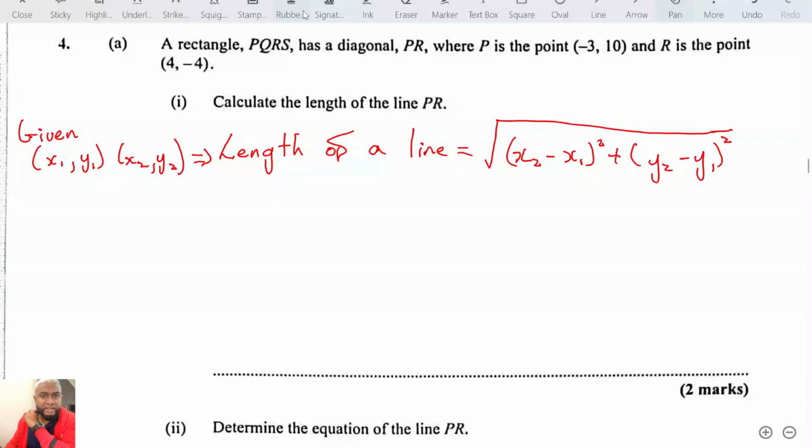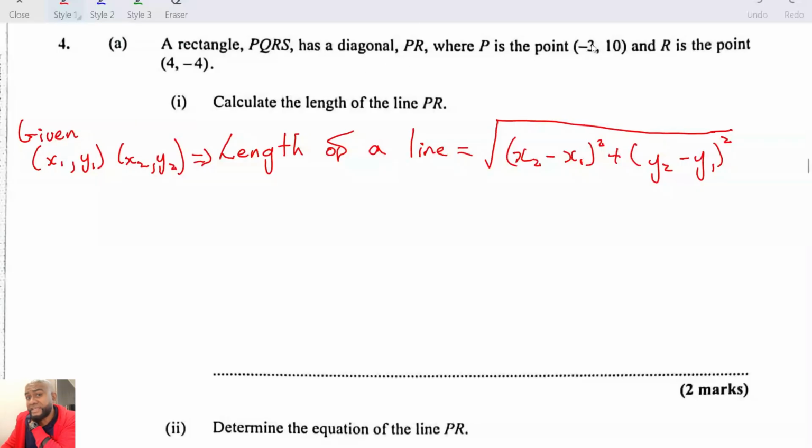Okay, the length of a line. So let's work. What will be x1 from the two coordinates that were given above here? They said a rectangle PQRS has a diagonal PR where P is the point -3, 10 and R is the point 4, -4. So what will be x1 here? So let's put this equal to, what will be x2?